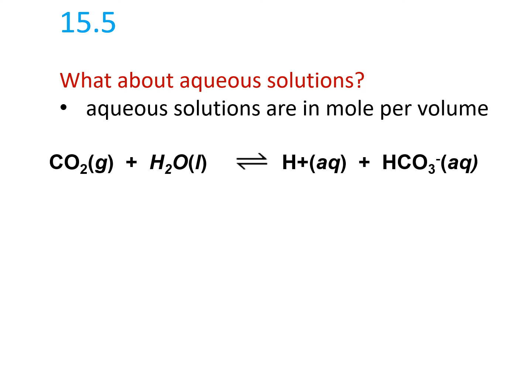So what is our equilibrium constant formula going to look like? Well, it's going to look like this, where we take our products, the concentration of hydrogen ions and the concentration of bicarbonate ions, and we put it over our carbon dioxide, and we're going to leave out our water because our water is a pure substance. That's what that looks like.